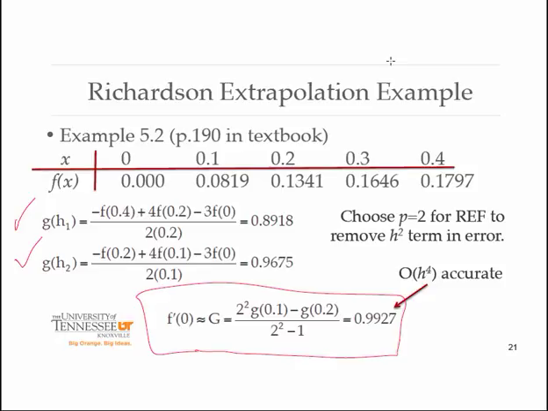You're just making a function call to your finite difference approximation method and doing 2 calls to it, then taking this simple difference with some weighting of terms, and you will get a new approximation which hopefully will be more accurate, at least in terms of the error terms will be much smaller, h to the 4th versus h squared, which we originally had with our central differencing formulas, moving forward from the point x that we're interested in taking the derivatives at.